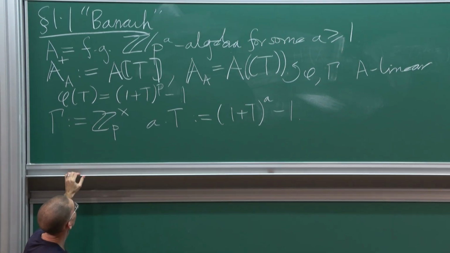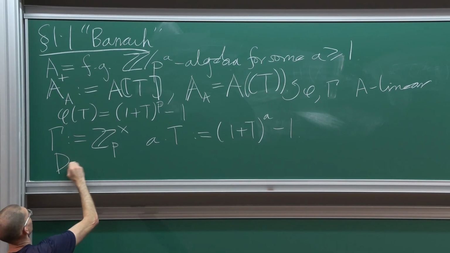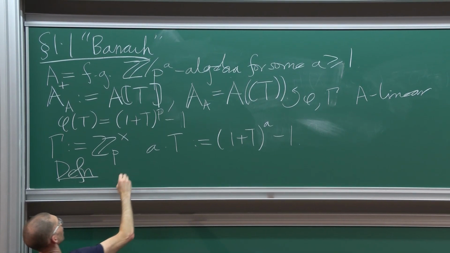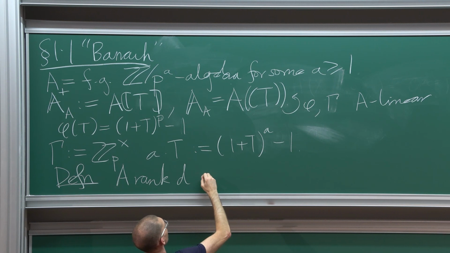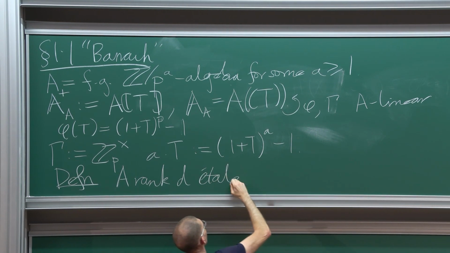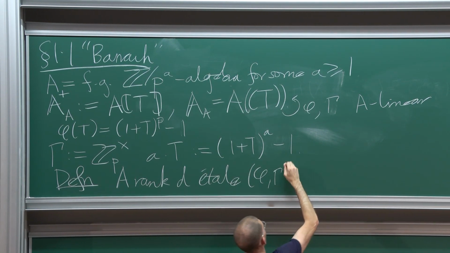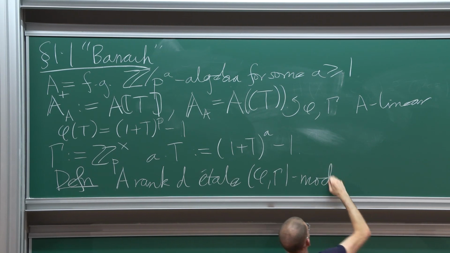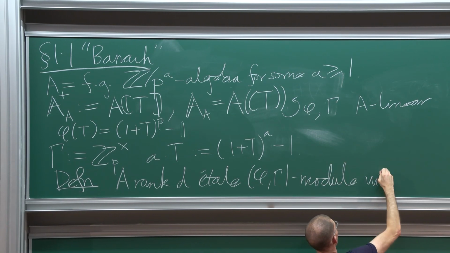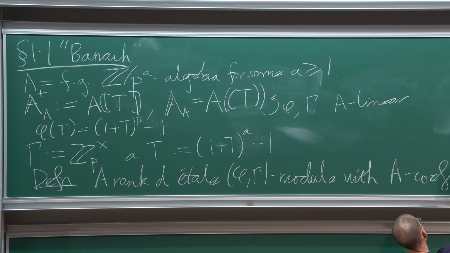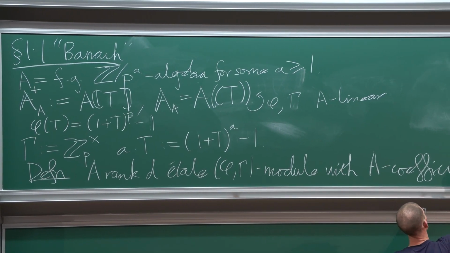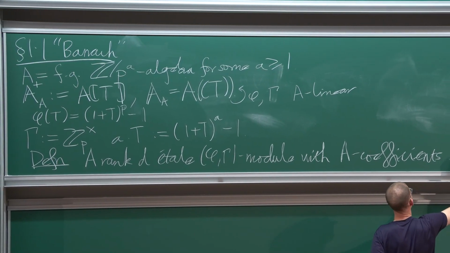And maybe I can give a definition. So a rank D étale phi gamma module with A coefficients is the following thing.